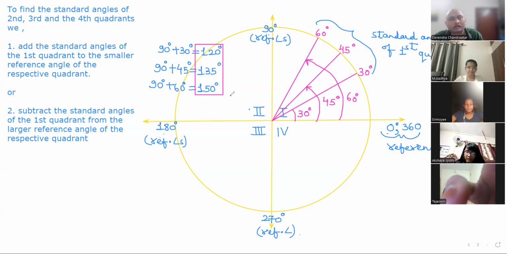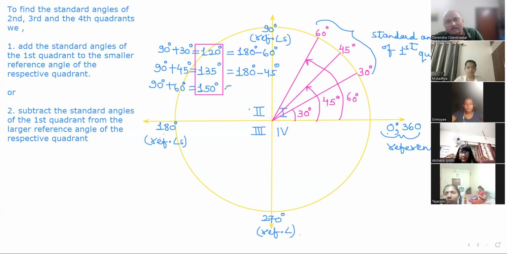So what will we do with 180? We will subtract the first standard angle, which is 30. So it will be 180 minus 30, 180 minus 45, and 180 minus 60 gives 120. Very good, Srimohi. You are in which standard? Sir, 8. Very good.